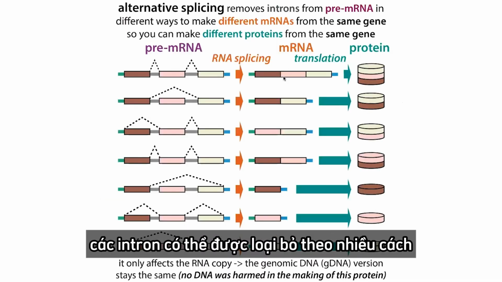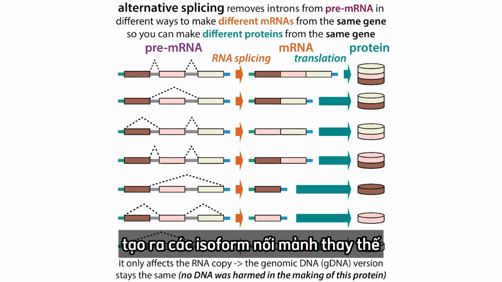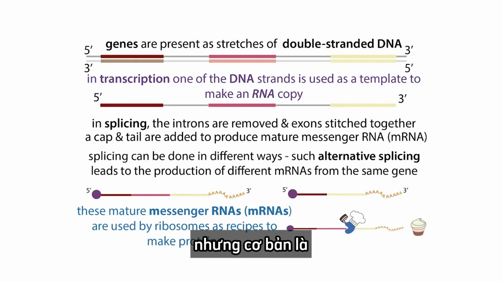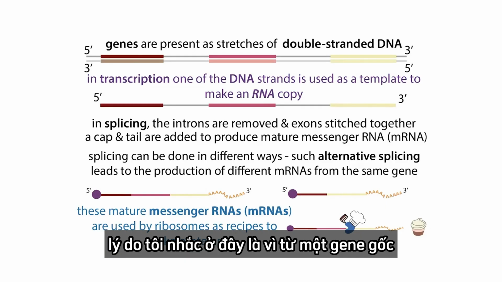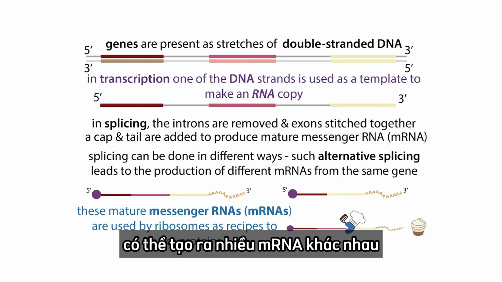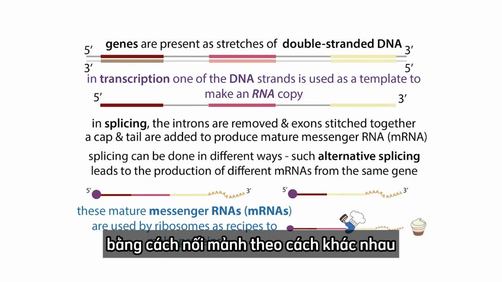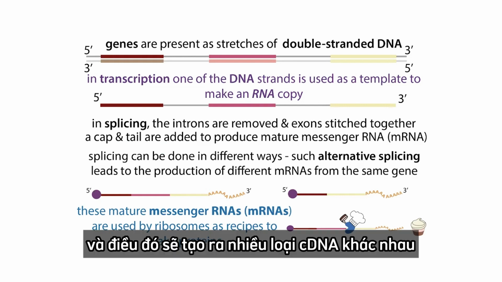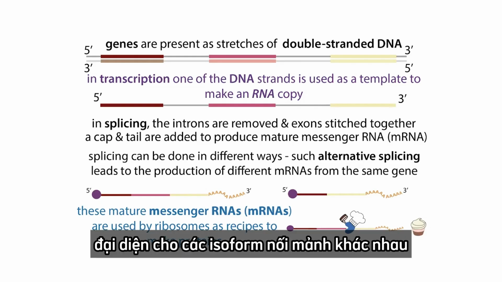These introns can get removed in different ways to give you alternative splice isoforms. I have much more on that in another post, but the basic reason I'm bringing it up here is that you can get multiple different messenger RNAs from the same original gene by splicing it in different ways. This is going to give rise to different cDNAs representing different splice isoforms.